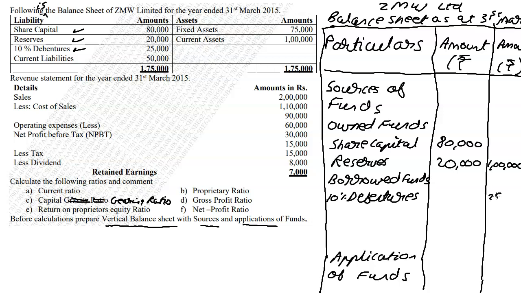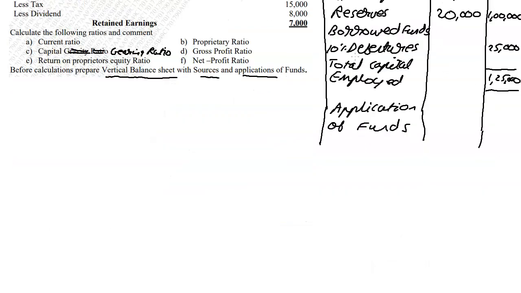Okay, 25,000 rupees, 10% debentures, and therefore total capital employed is equal to 1,25,000. Okay, why have I not done anything with current liabilities? Because it comes as a subtraction to current assets under the application of funds section.